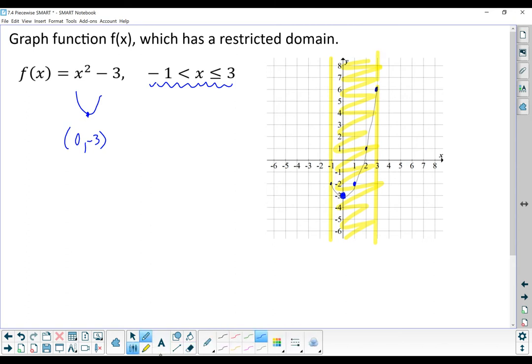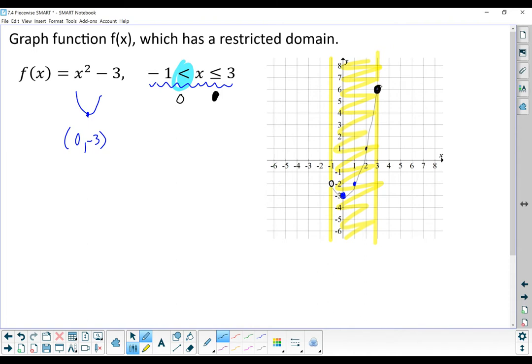I graphed it in that light gray color because I wanted to show the whole parabola at first. But for this function with its restricted domain, on the right side we need an open circle because of this strictly less than symbol. So we're going to have an open circle on this side, but on the other side we do have the inclusion of the 3, so we're going to fill that in.